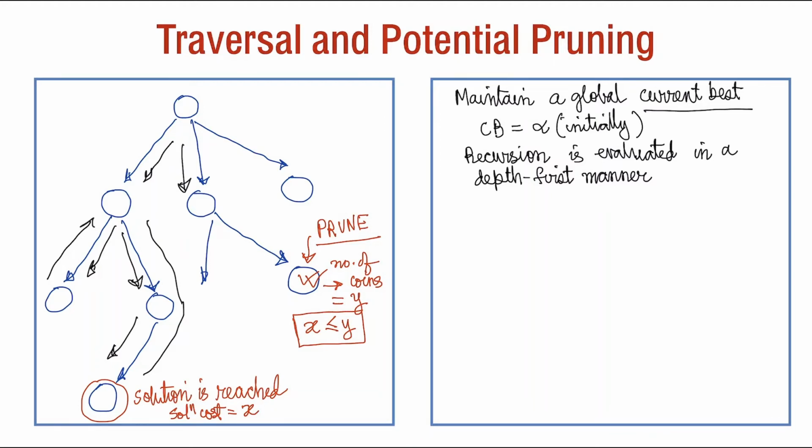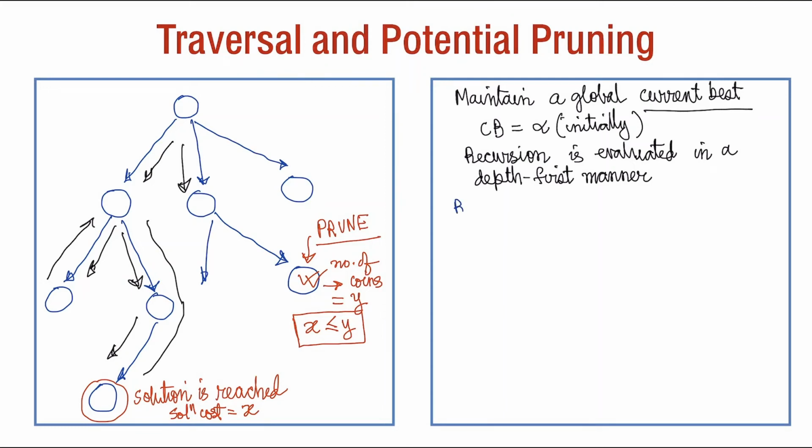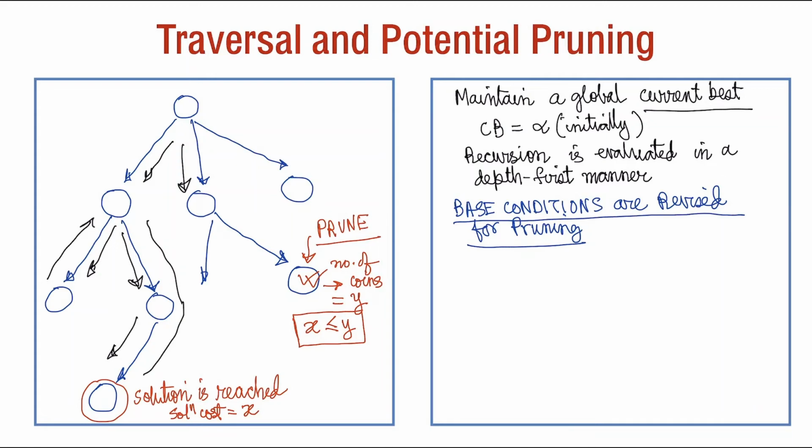During this depth first traversal, we update our base conditions. The base conditions are revised for pruning. How are they revised for pruning?